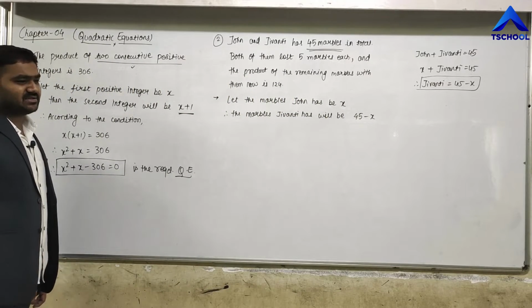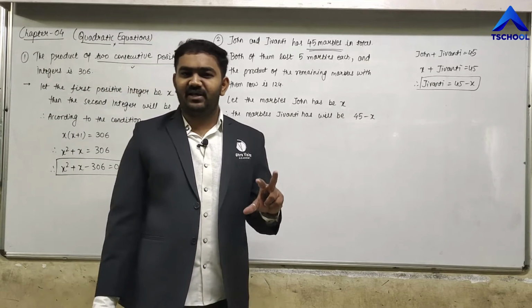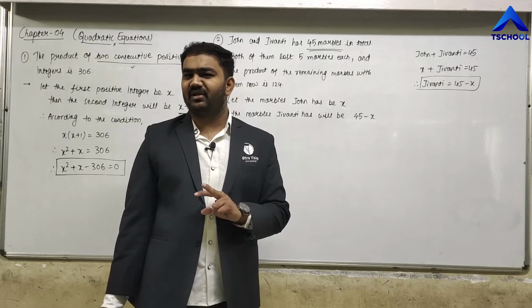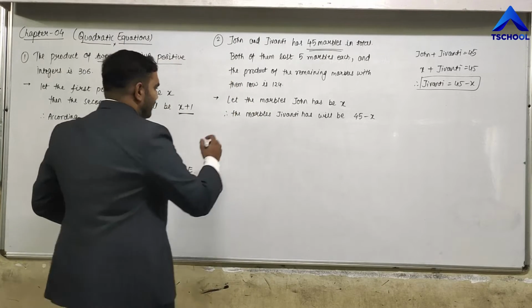Now they are losing 5 marbles each. That means 5 each from John and Jivanti will be subtracted, because they are losing, not gaining, right?